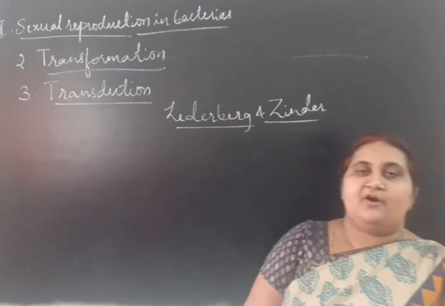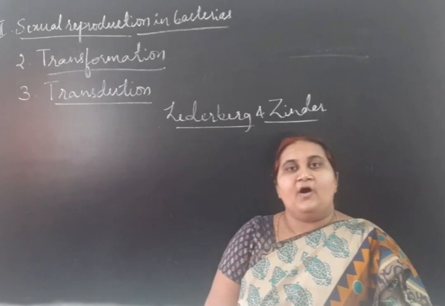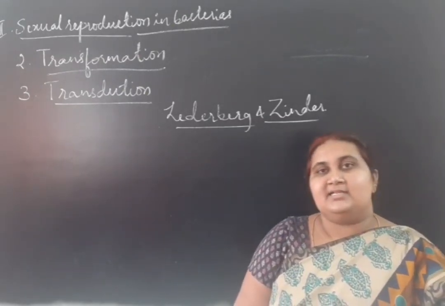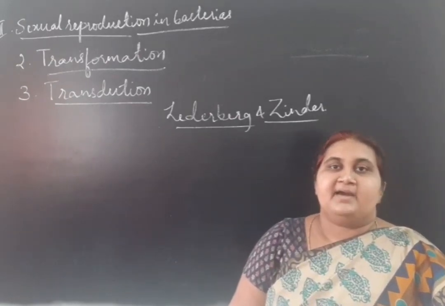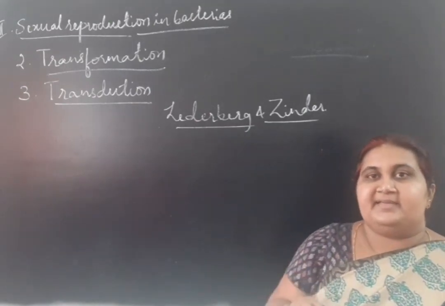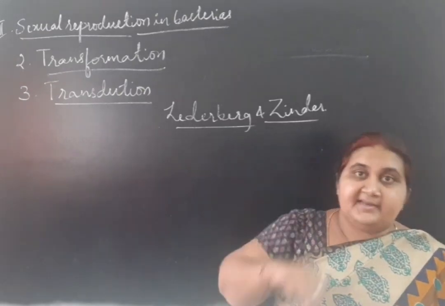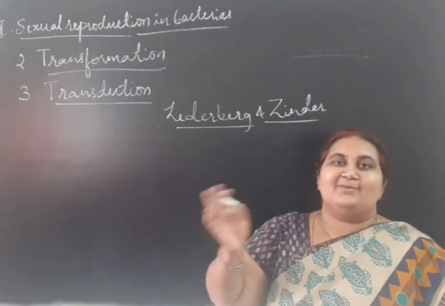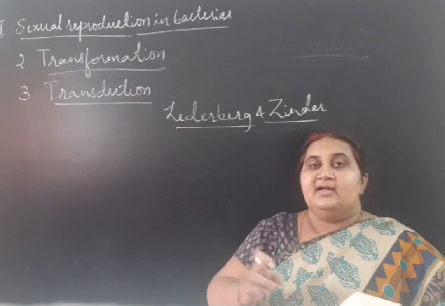Transduction is a process of transfer of genetic material or the DNA from one bacterial cell to another bacterial cell with the help of, you can call it a mediator or a vector. So it requires another organism for transferring the genetic material from one bacterial cell to another.